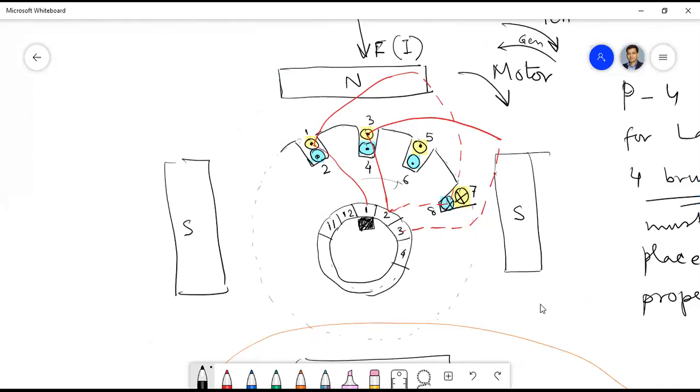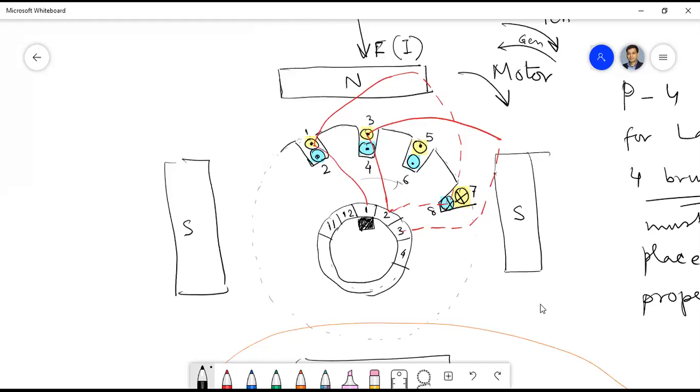Now, if there is some mismatch in flux per pole, the flux per pole is a parameter of the pole. The pole generates the mmf, but the flux also depends on the air gap between the armature and the pole.